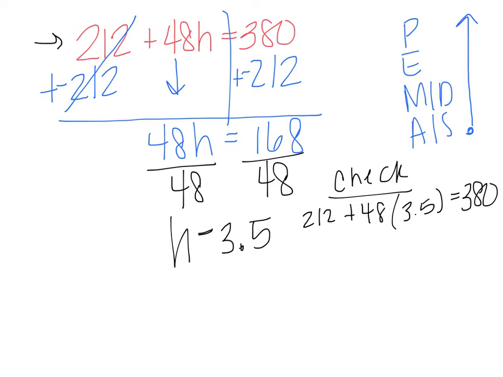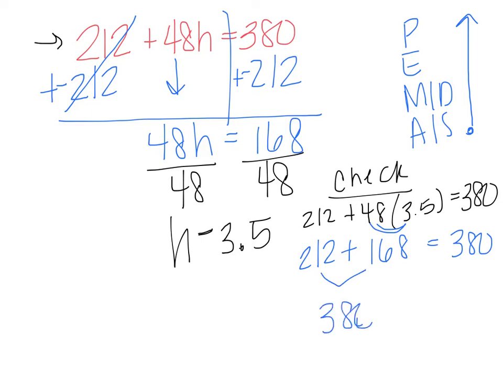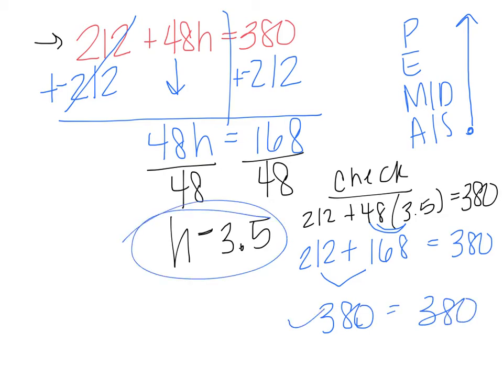So first I see multiplication and division, so I'm going to multiply these out. I'm going to check it in the calculator, and I get 168 equals 380. I'm going to then add those two together, and 380 equals 380. So that checks out, so we know we did that correct. So my answer is 3.5.